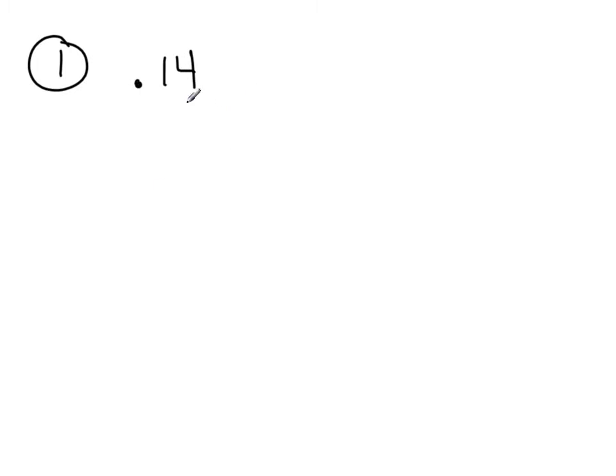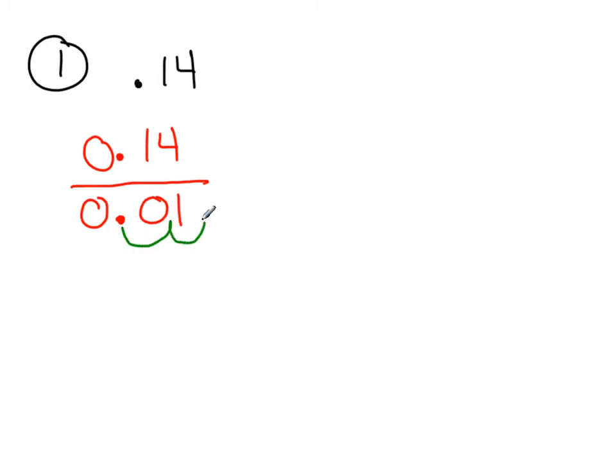I'm going to do it the long way, where we're going to take this number 0.14 and divide it by 0.01, by 100. And if you want to, you can write the zeros in front of the decimal. It means the same thing. Now, since we're dividing by a decimal, and that's usually not the most pleasurable experience, we're going to take this decimal and make it a whole number so we can work with it.